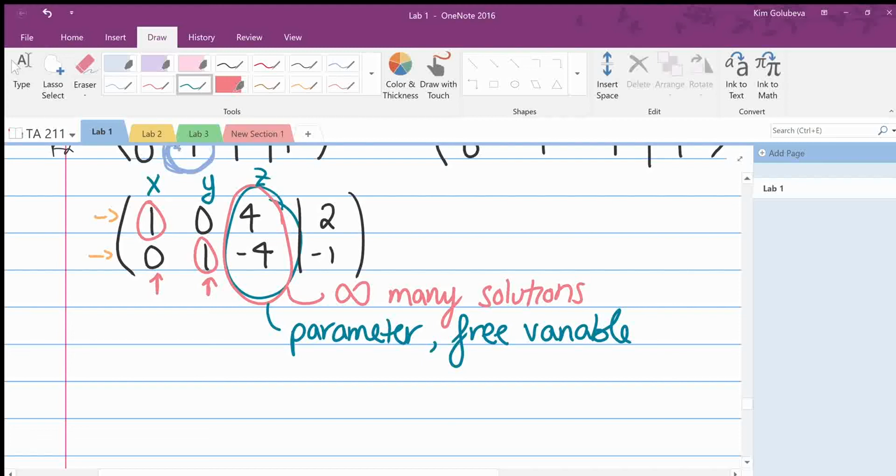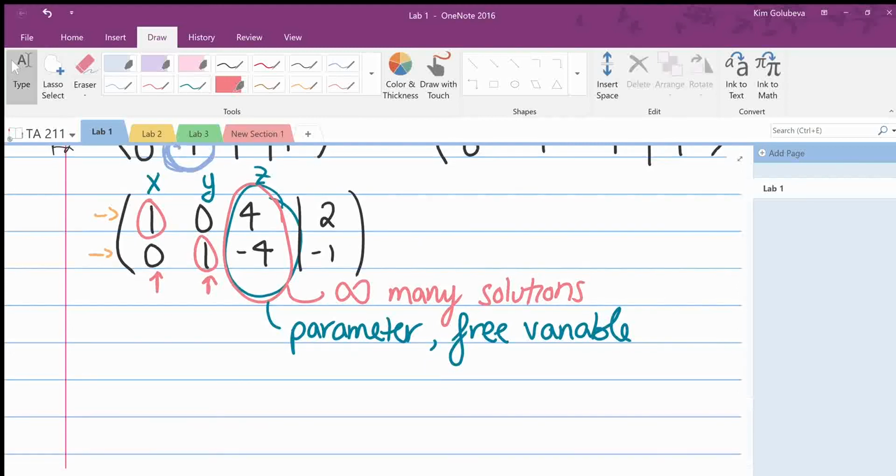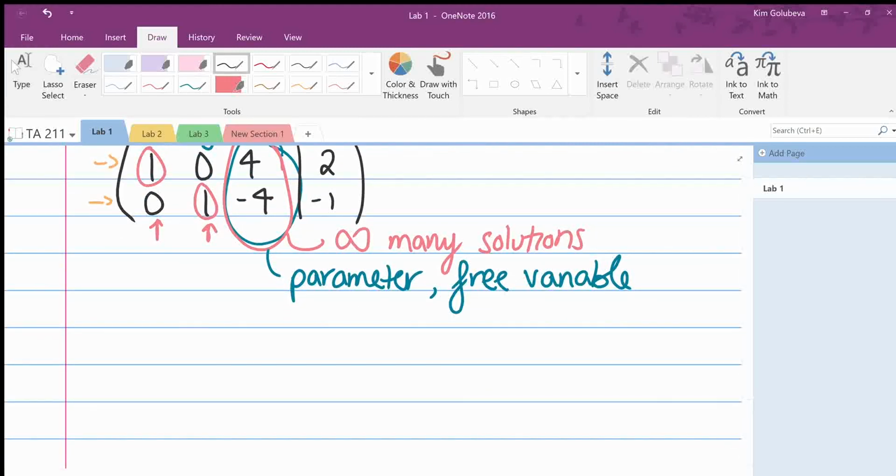What we're going to do for that is, let's actually write out what we're saying here, so it makes it a little easier. We're saying 1x plus 0y plus 4z equals 2.